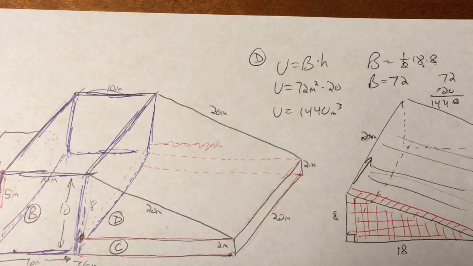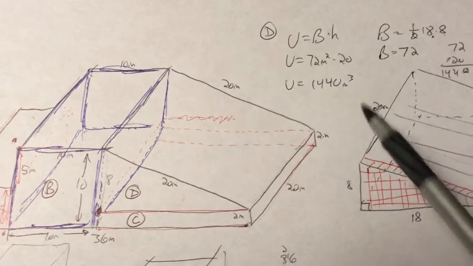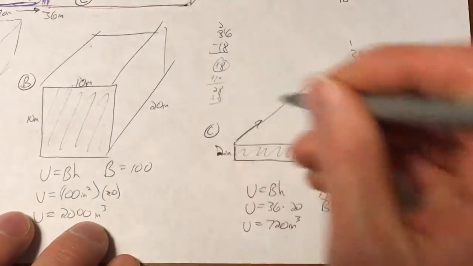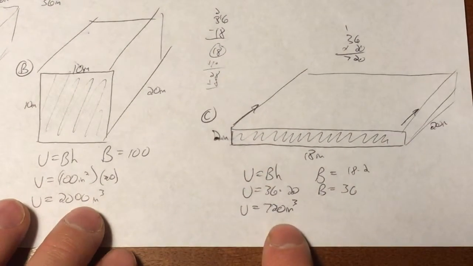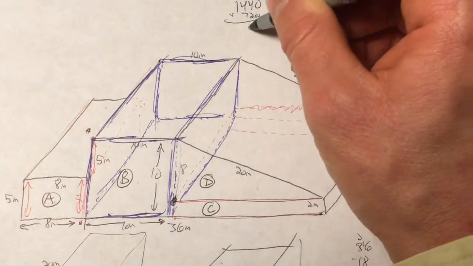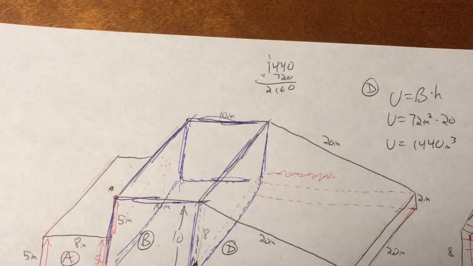Yikes. So now we've got all these things that we need to add up. Shape D, let's just start there. 1440. Shape C, we said was 720. For 2,160.